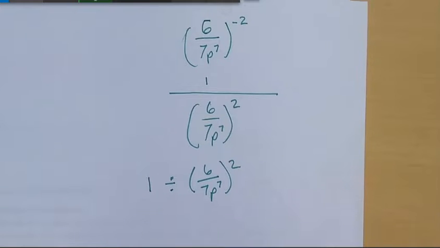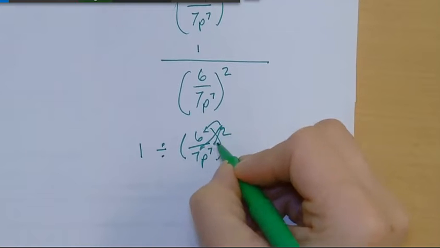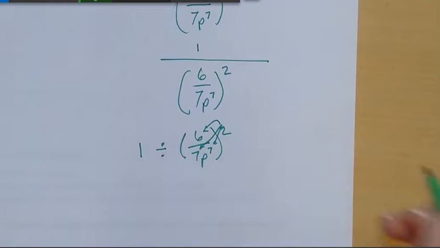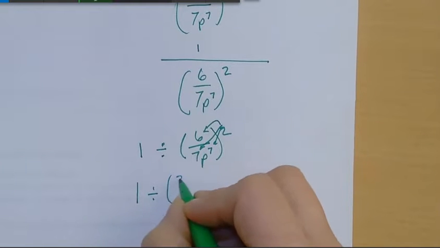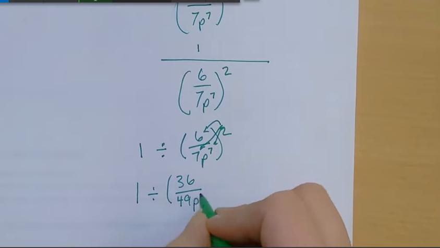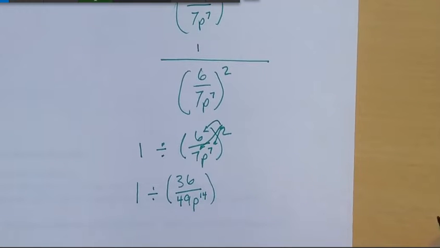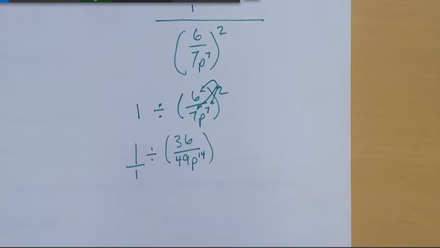We can't do this division problem unless we distribute that exponent. So it's going to go to every single factor inside there. So I will have 1 divided by, in parentheses, 36 over 49p to the 14th. And we know when we're dividing with fractions, we like to see a fraction divided by a fraction.